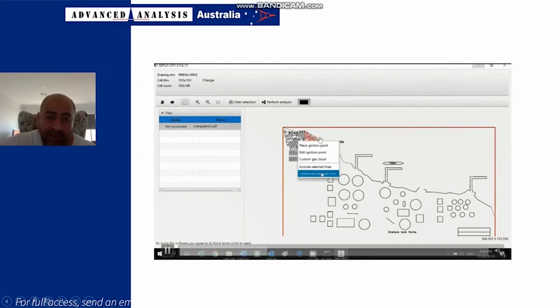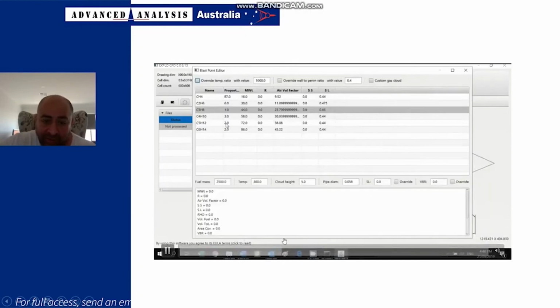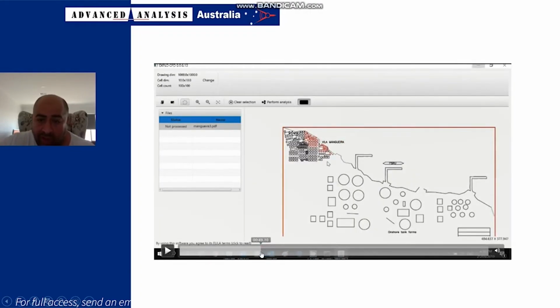More importantly, here, a kilometer away, there is a residential area, and so it's easy to select and deselect walls or lines to be treated as walls. For example, this line here demarcates the shoreline.